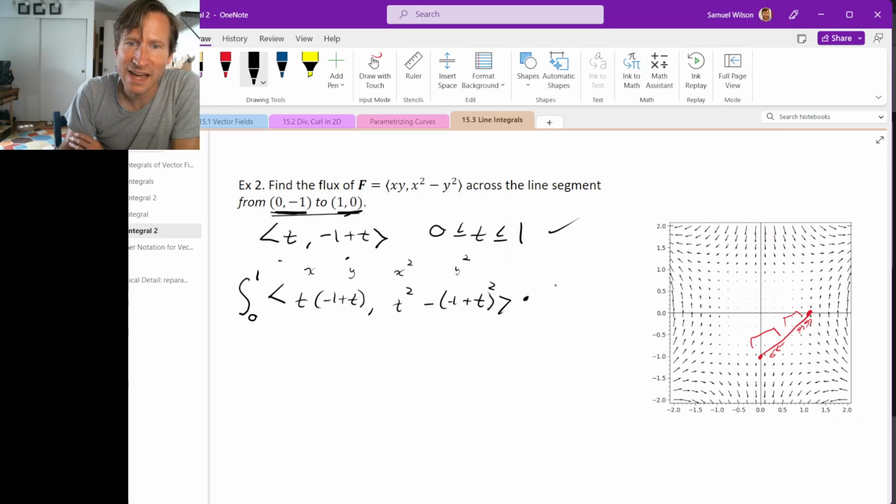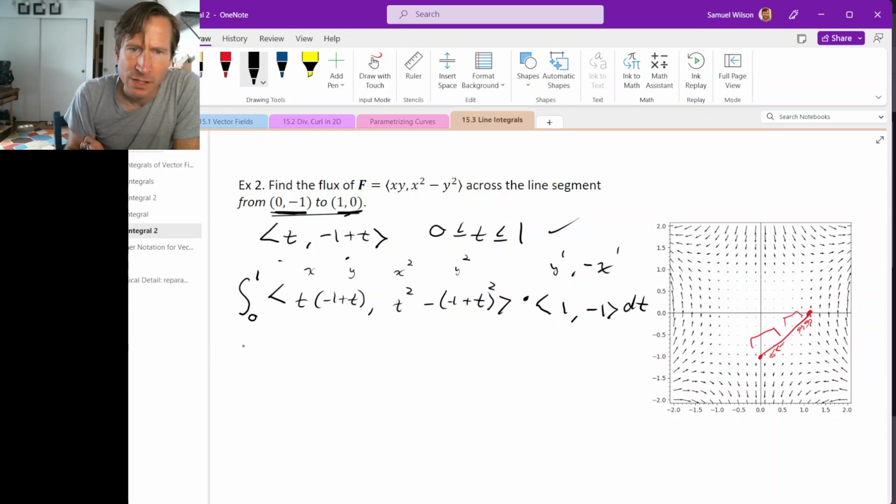And then we need to dot that with y prime comma minus x prime. Y prime is 1 and x prime is 1, and so minus x prime is minus 1 dt.